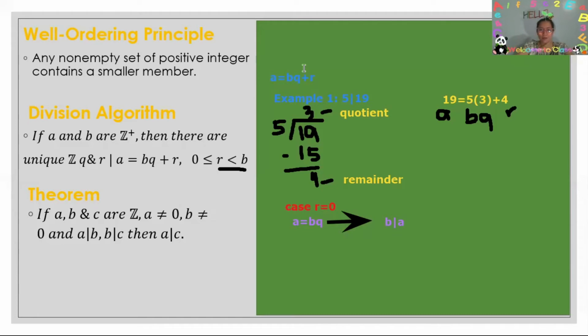So let me write it down. 5 divides 10. So 10 divided by 5 is 2, of course, and our remainder is 0.